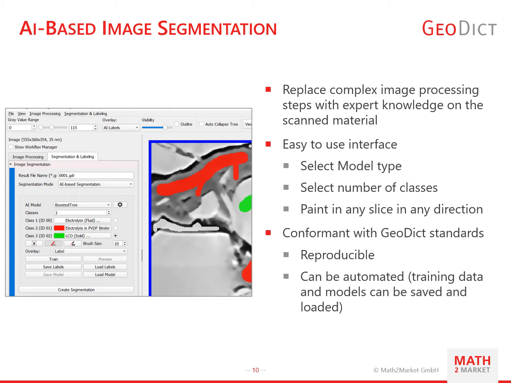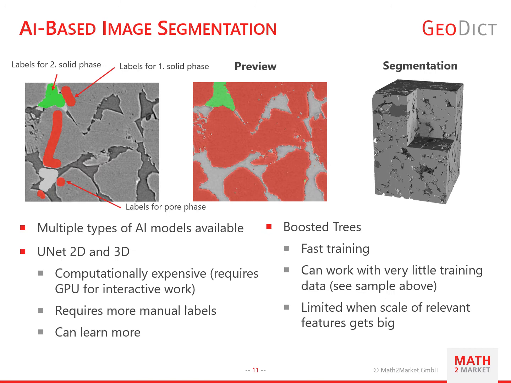The painting cannot be automated. Here's an example of the tool applied to a Berea sandstone. I just went for the simple case of segmenting three phases in there: the pore space, then the solid, and the other solid. And you can see the preview, and on the right then the resulting segmentation of the whole sample.